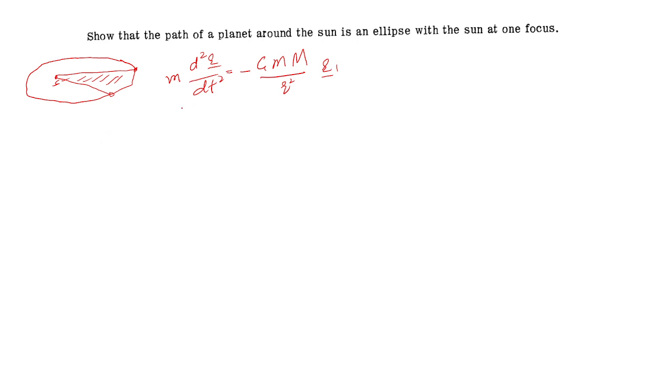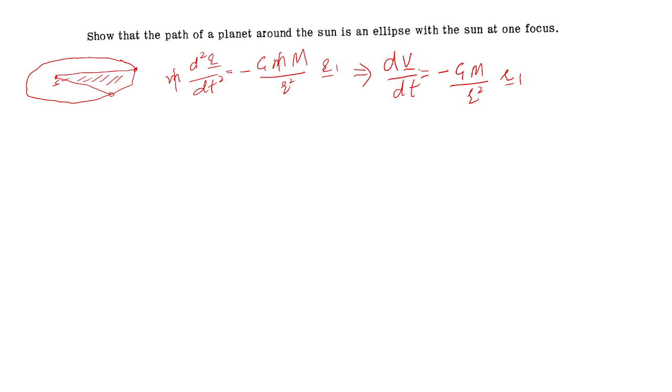So for that we have to write this equation in the velocity form. You see, this can be written as dv by dt is equal to minus g capital M over r square in the r1 direction, where r1 is the unit vector along r.